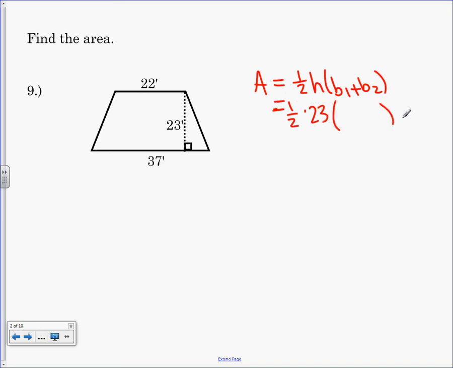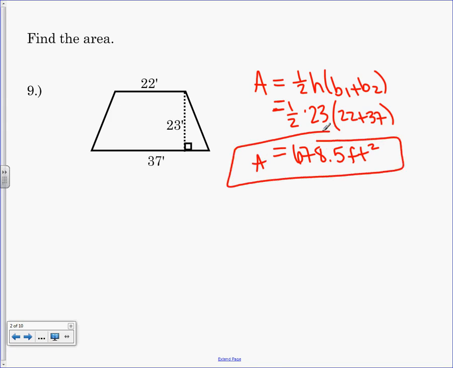And then the bases are the parallel sides, so the 22 and the 37. Order wouldn't matter because 22 plus 37 is the same as 37 plus 22. Does that make sense? So you write down the formula, you fill in what you know, you use the calculator probably, round to the nearest tenth if necessary, and what do you get? Actually put it in yourself if you haven't yet. The area of this one is 678.5 feet squared.